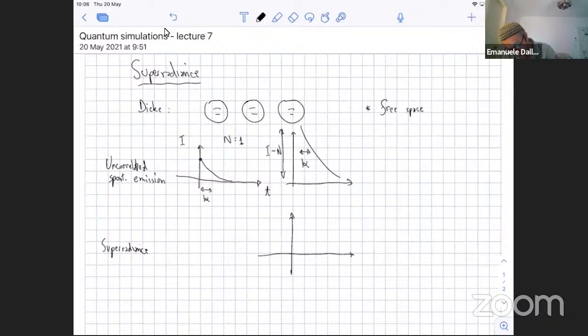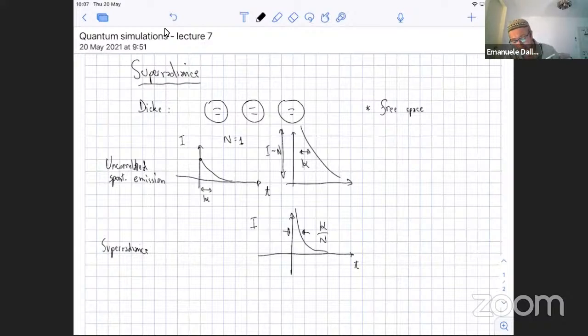What he observed was that the decay is now much faster. So, this is time and this is the intensity of light, and the time scale is now going to be kappa over n. The decay will be much faster. It's not that each atom is emitting light independently, but they are all emitting coherently. As a consequence, the total energy is conserved.